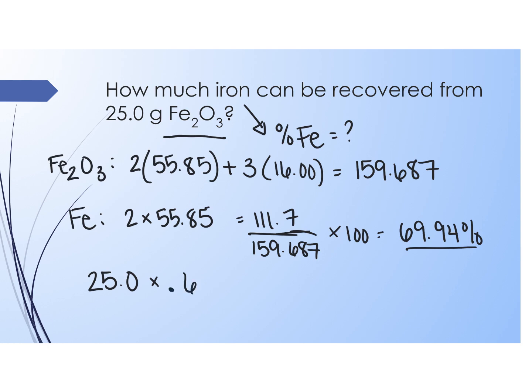Just move the decimal point 2 to the left. Good. So then we'll take 25.0 times 0.6994. And what do we get? 17.5 after sig figs. Okay, 17.5. Good. And it's going to be grams of iron.